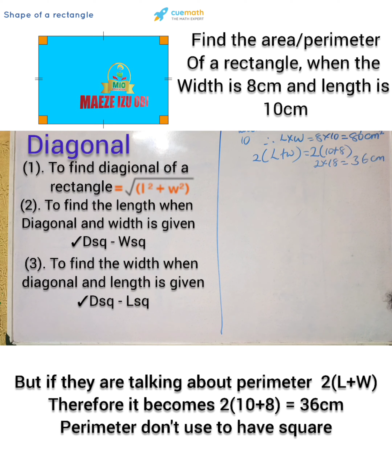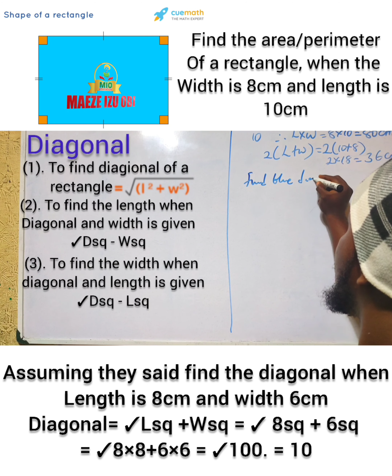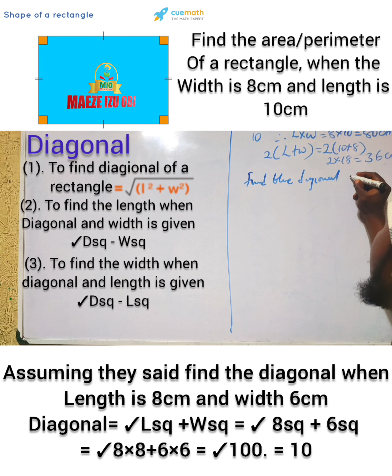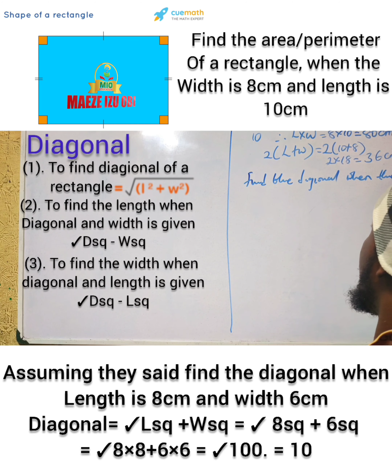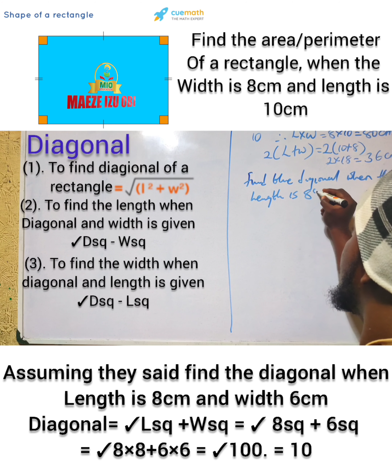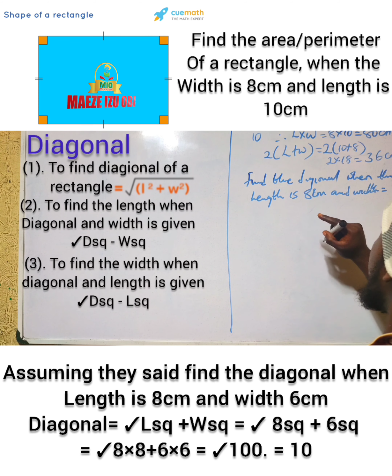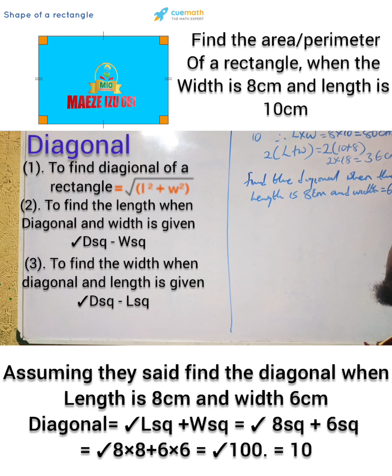Now, if they ask to find the diagonal when the length is 8 centimeter and the width is equal to 6 centimeter.